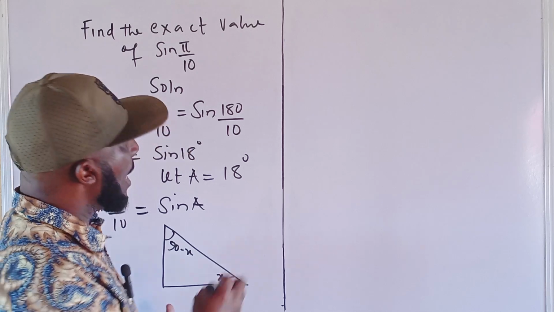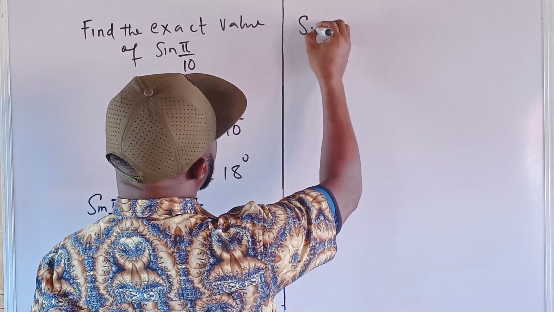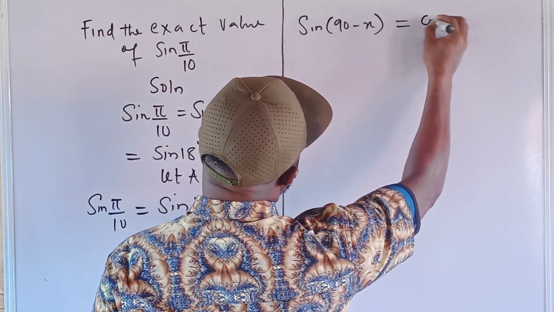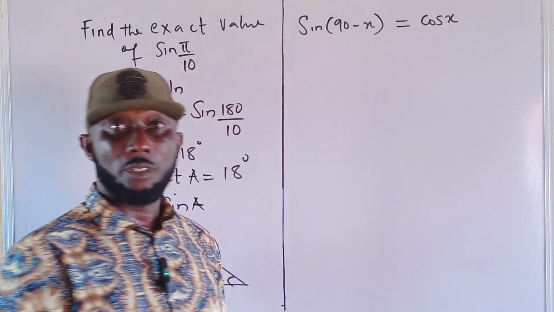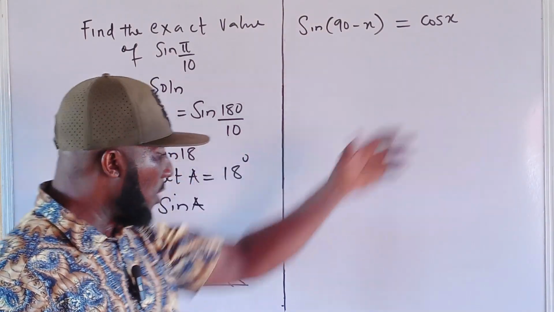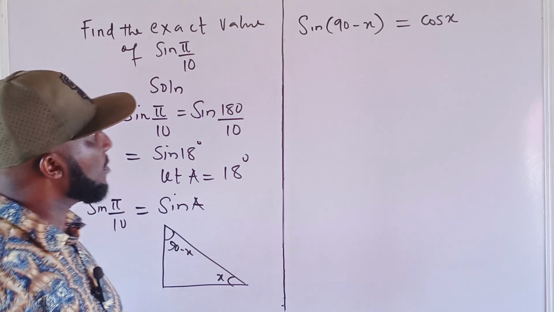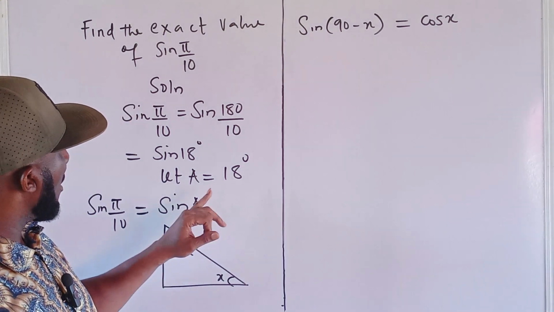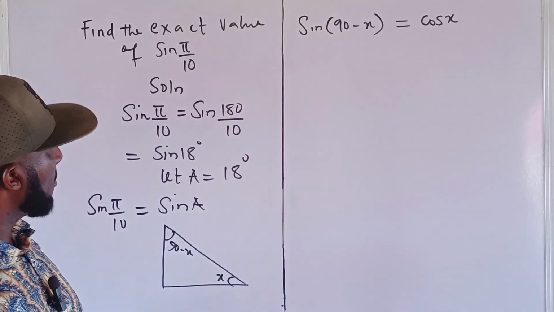So I can actually write that the sine of 90 minus x is equal to the cosine of angle x. This is because sine and cosine are cofunctions, and we are actually using the complementary angle property. So with this at the back of our minds, I should be able to resolve this problem.